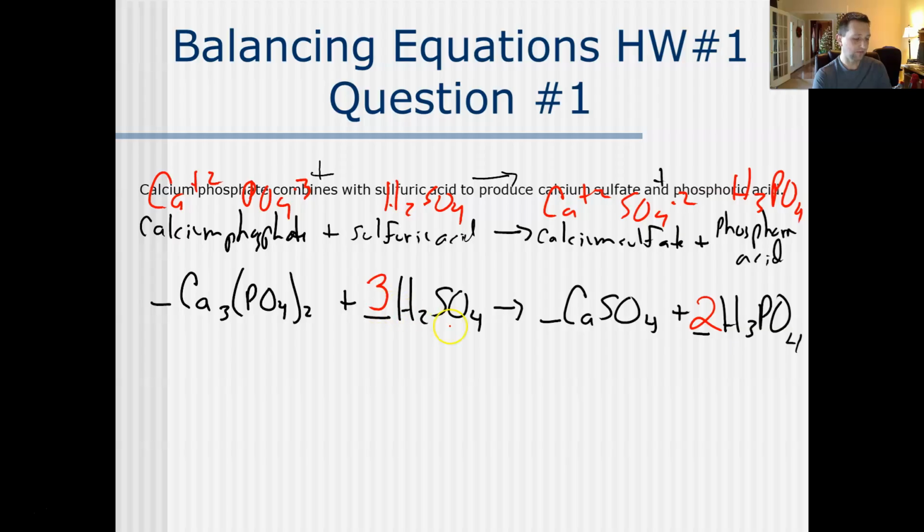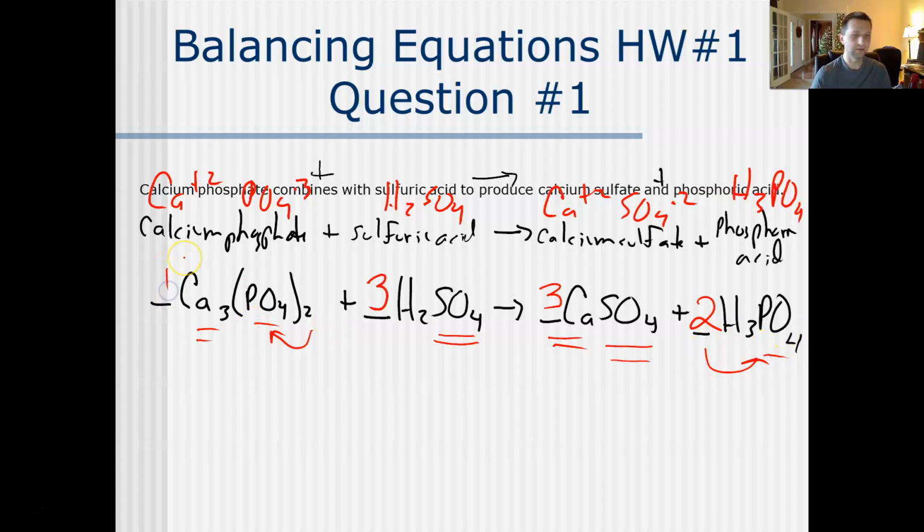So you have sulfate right here. If you have sulfate on both sides, you can just keep it together as sulfate. That's actually a little shortcut that one of the videos maybe didn't address. So I have 3 sulfate ions here. I want to have 3 sulfate ions here, so I'm going to put a 3 there. That changed my calcium to 3, and I already have 3. I have 2 phosphates, because phosphate is here, and I have 2 of them.